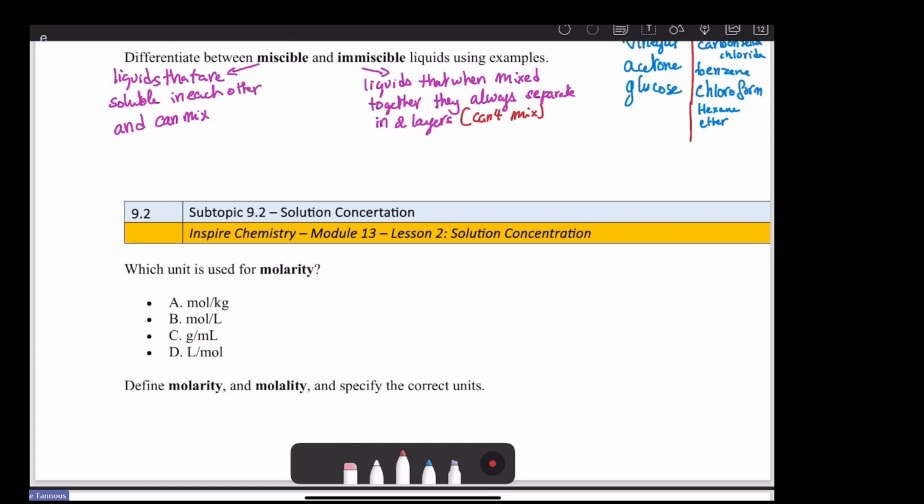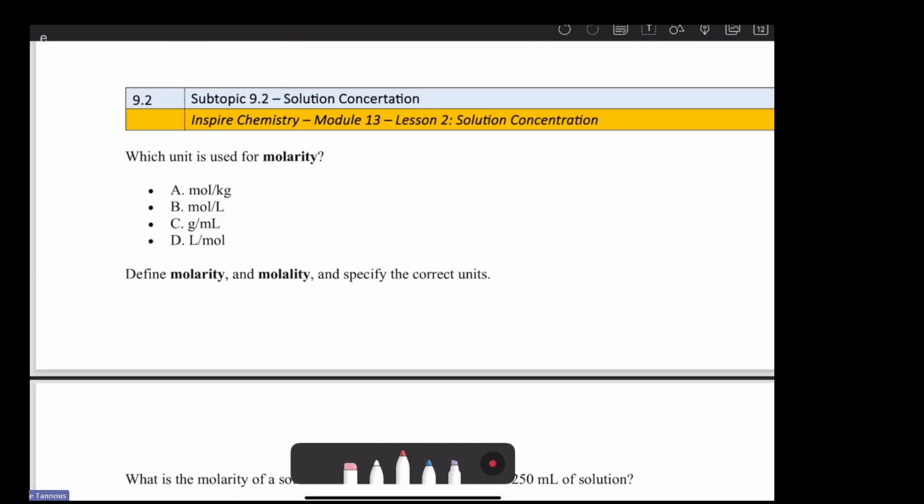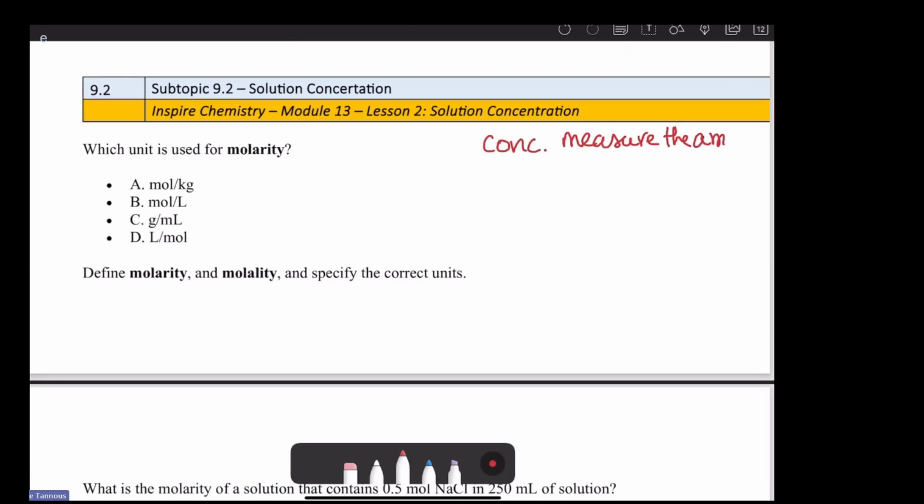It measures the amount of solute in a given amount of solvent or solution.